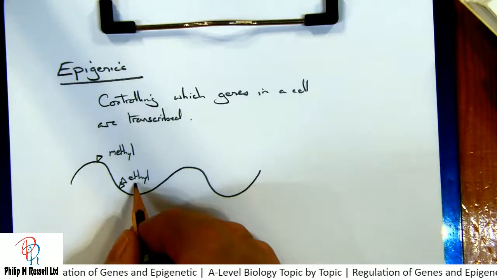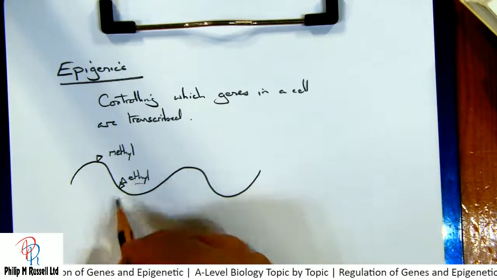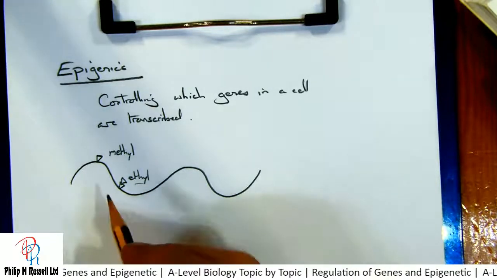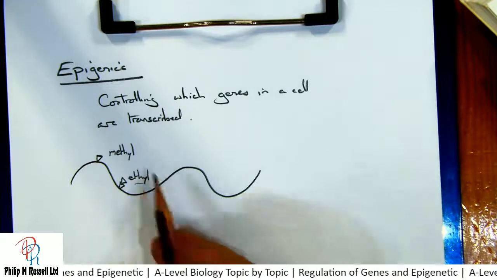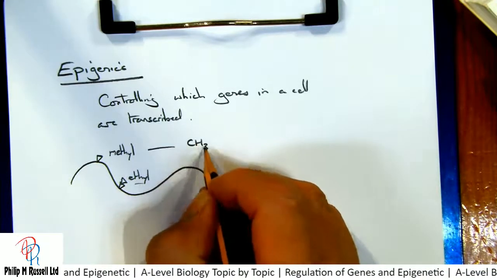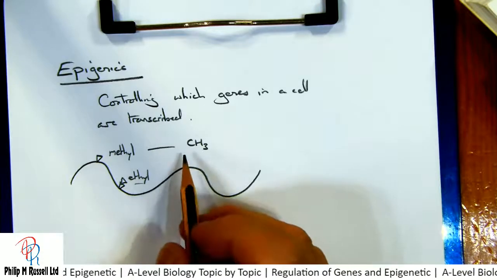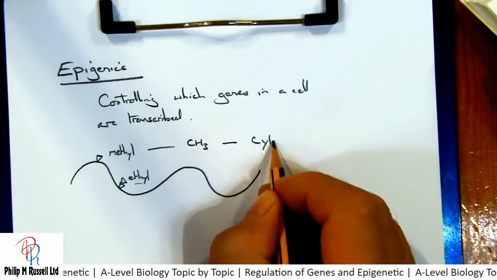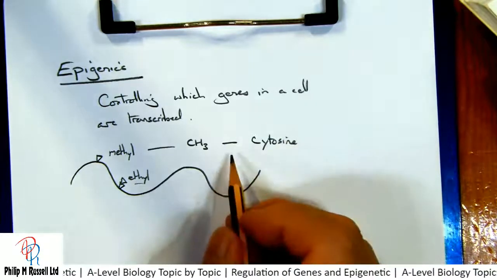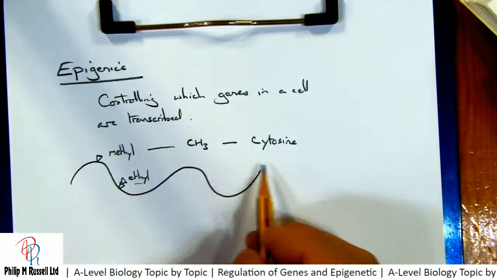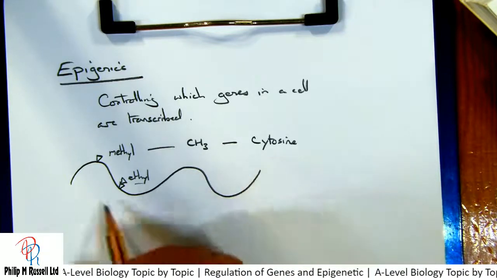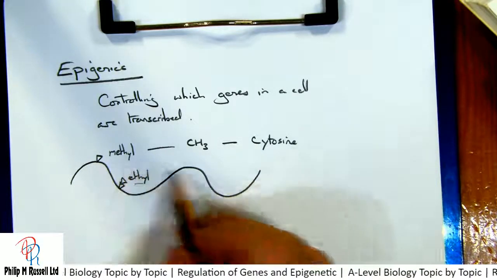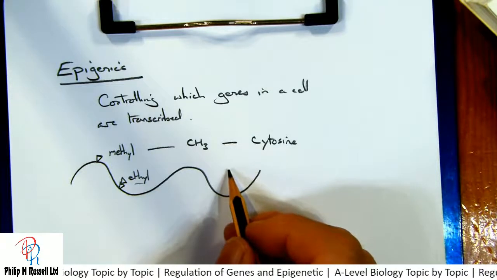So even though we know it's an ethyl group, it goes by its old name in biology. So the attachment of this methyl group, which is a CH3 group, to the gene, and that usually binds to a cytosine, prevents the transcription to the mRNA. Now that's fairly obvious to think that if we've got something blocking one of these bases, then it's certainly not going to be transcribed.